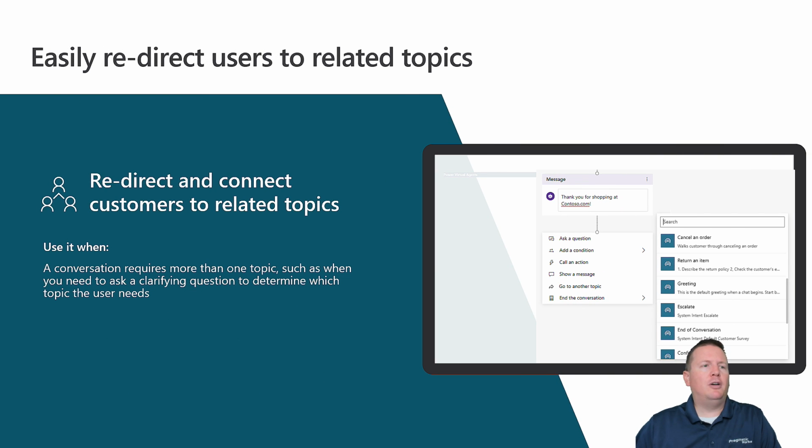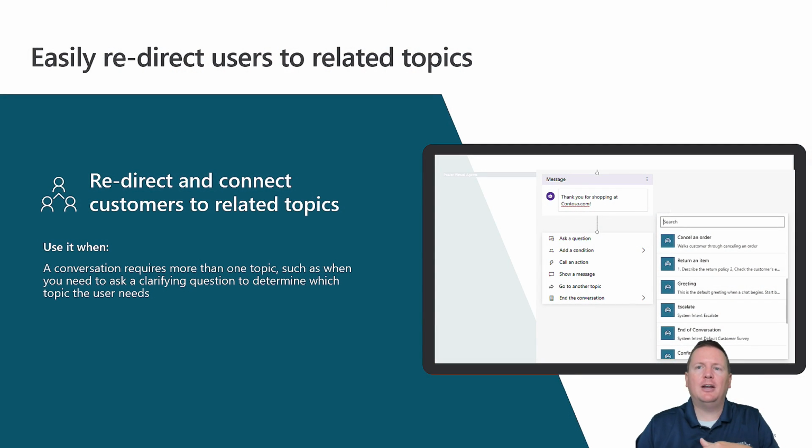All right, so we're also going to learn about redirecting topics as well. The idea of redirecting topics is you're not going to build one topic that covers every interaction that you have. You're not going to build one topic that's going to handle everything that your company needs to do. You're going to create multiple small topics for a couple reasons. One, it makes it easier for you to maintain. If you needed to come in and edit a topic, you're not looking at a really big authoring canvas that's so huge it's difficult to interact with.